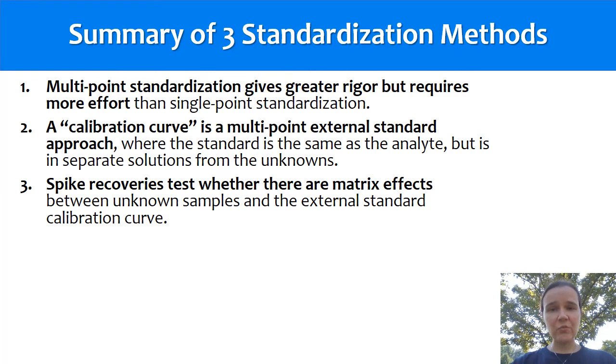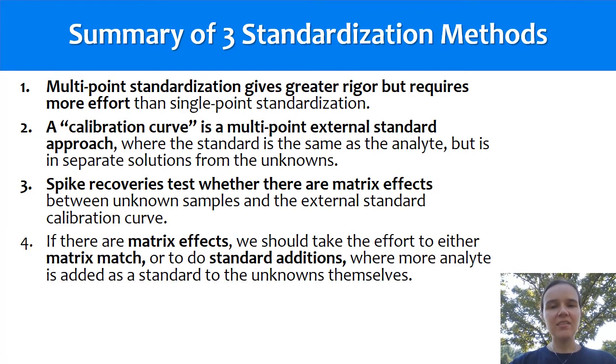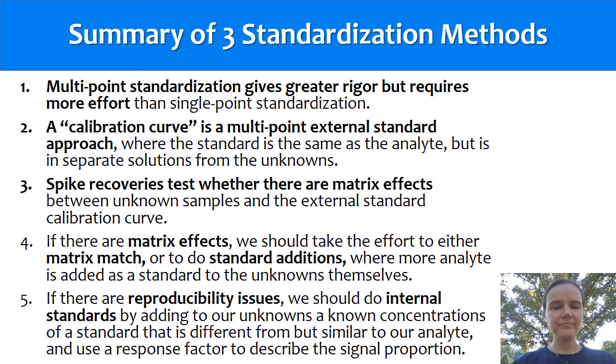If it doesn't match, if you have poor spike recovery, you probably have matrix effects or you didn't do your spike recovery right. And so you're going to either need to matrix match that sample and calibration curve of external standards, or you do the method of standard additions, where more analyte is added into your sample as your standard and helps you build that signal versus concentration response in the sample itself.